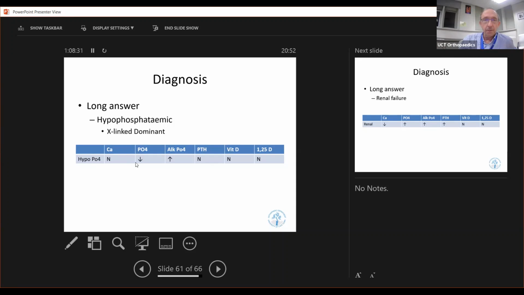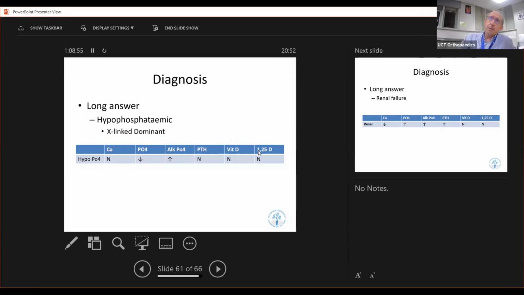So hypophosphatemic, normal calcium, normal PTH. Phosphate obviously is down because it is low. That's what it is. The alk phos is raised because you've got increased turnover of your bone, or it may in fact be normal. Your vitamin D is normal, and your 1,25-hydroxy vitamin D is also normal.